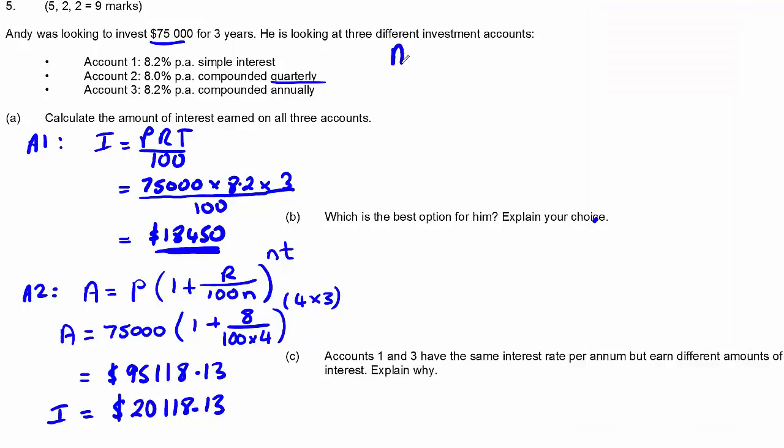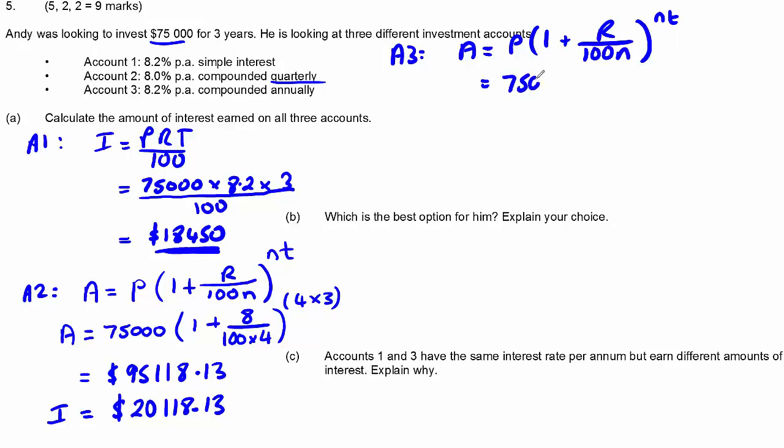Now finally for account 3, once again we're using the compound interest formula. And this time it's compounded annually, so n is equal to 1. It's still 3 years, so t is equal to 3.